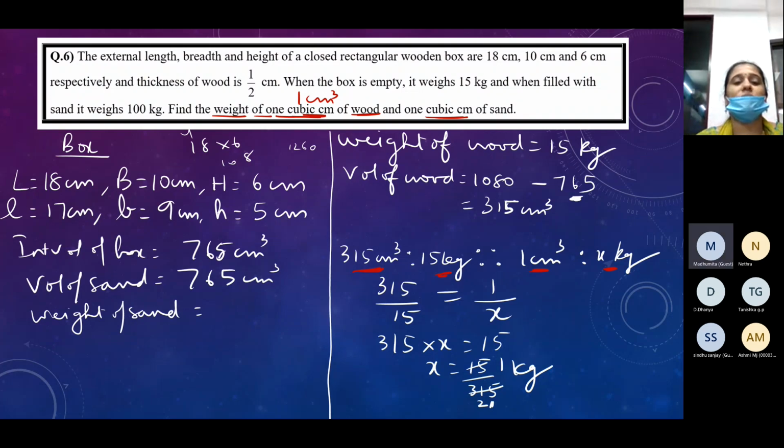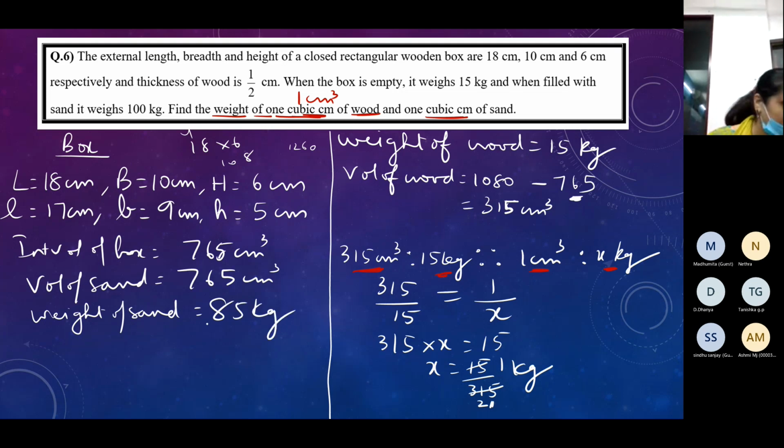Yeah. When the box is empty, it weighs 15 kgs. And when filled with sand, it weighs 100 kgs. How do you get the weight as 100 kgs? 15 plus 85 is 100. 15 is the weight of the box only, so 85 is the weight of the sand only. Put together is 100. The weight of sand is 85 kgs.